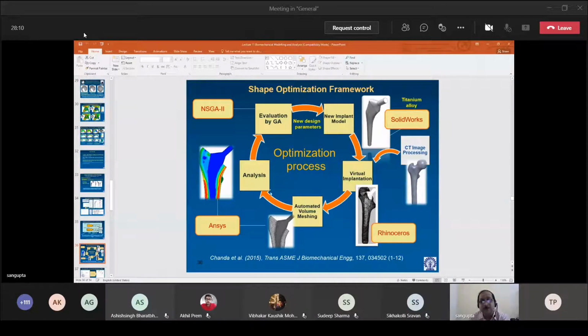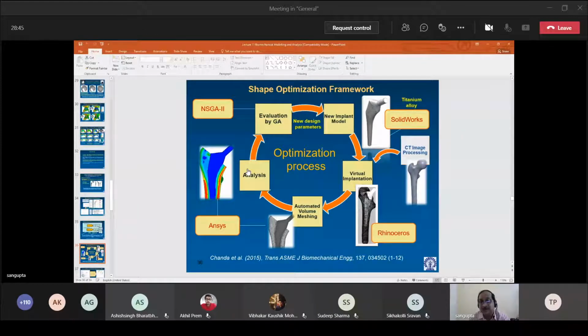This whole process goes on until we actually come up with a set of optimal designs. Okay? So you can imagine that this is a heavy computational scheme, and we keep on running the cycle until we get some trade-off designs.